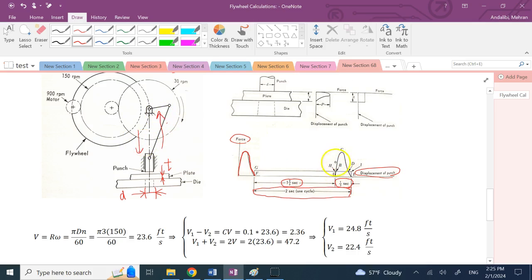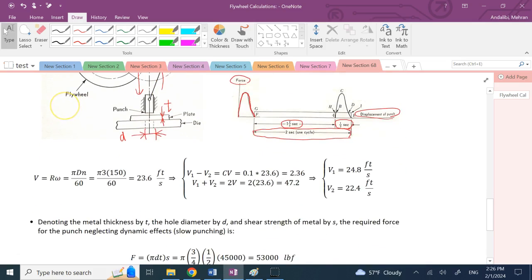So the time that the actual force is exchanged between the punch and the sheet metal is only 1/3 of a second, or 1/6 of the whole cycle. Good. So now let's keep moving.